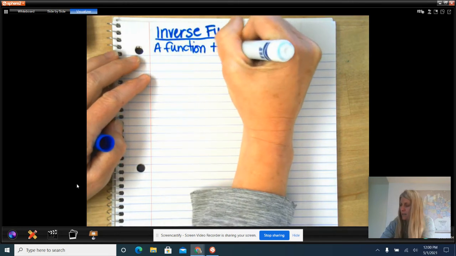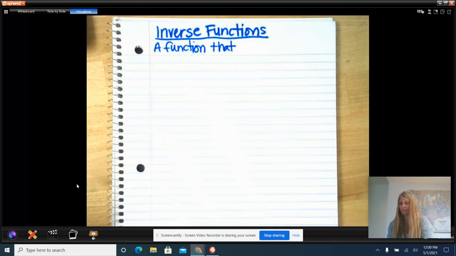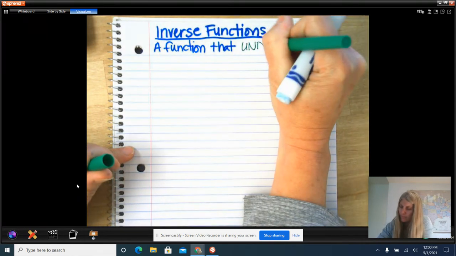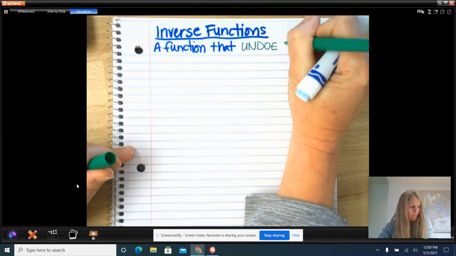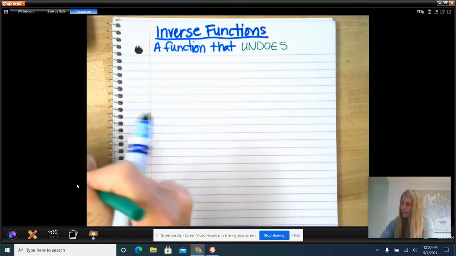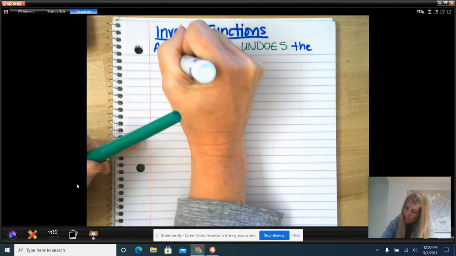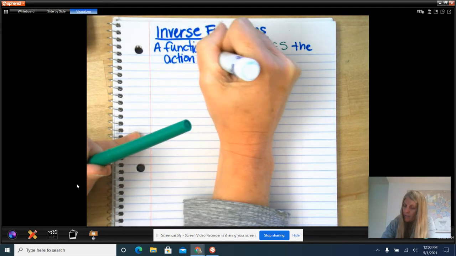that undoes the action of another function.